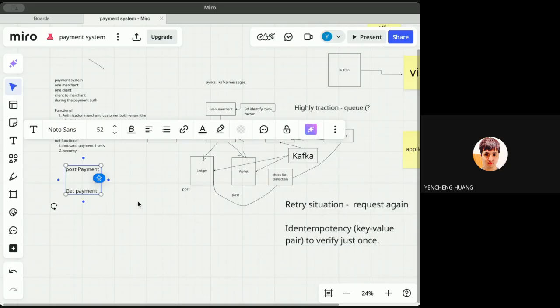Wait a minute. I got two APIs. One is the POST, one is the GET, and the payment API. I got the IDs.